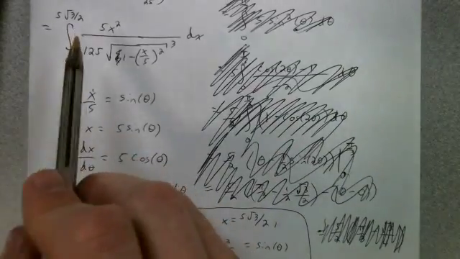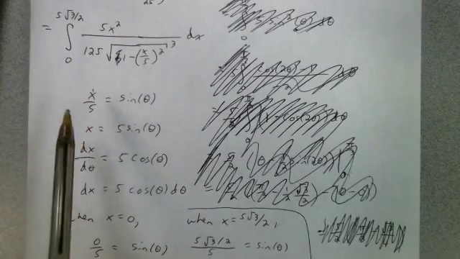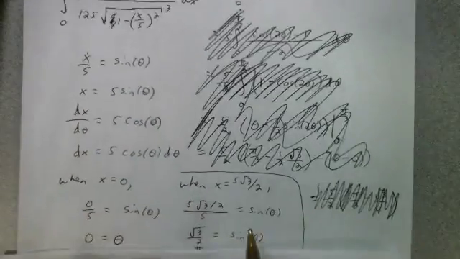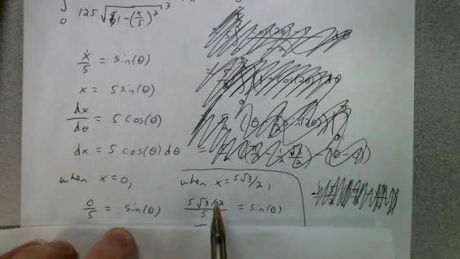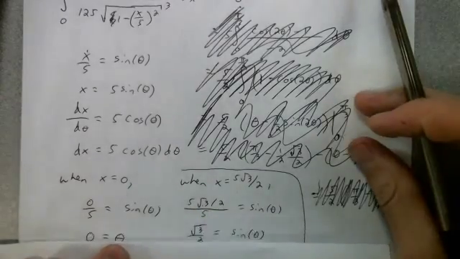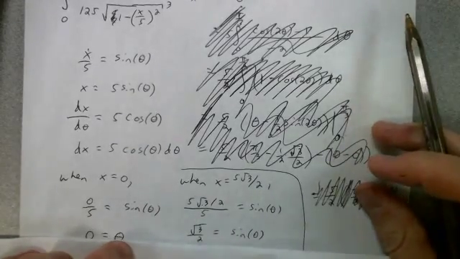What about the top bound? What happens when x equals 5 root 3 over 2? I'm going to replace x with 5 root 3 over 2, so I get 5 root 3 over 2 all over 5. Well, the 5's will cancel, and you're left with sine of theta is the square root of 3 over 2.